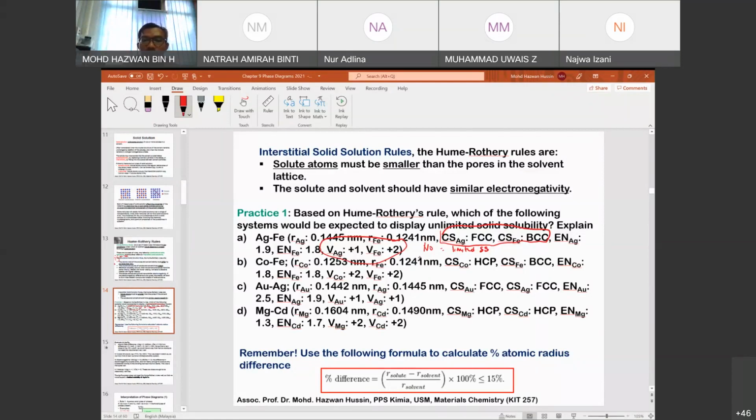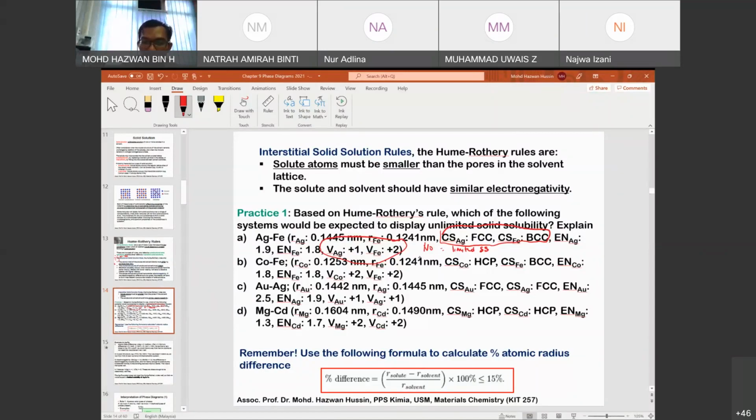But you also have to tell that silver and iron will display limited solid solubility because, first, the crystal structure for silver is face-centered cubic and the crystal structure for iron is body-centered cubic. It is not the same. Second, it is due to the valency.